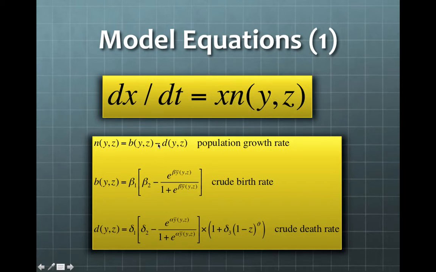The function is essentially the difference between births and deaths. That's the population growth rate, and in here the number of births and number of deaths are tied to the production output, so to the economics, and to the availability of nature or natural capital, in both cases. And the equations are given here.